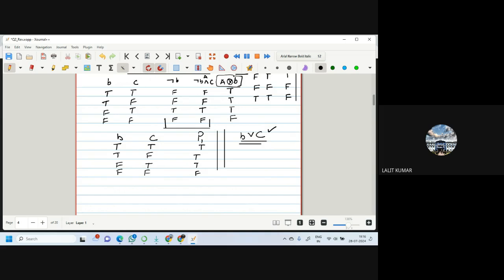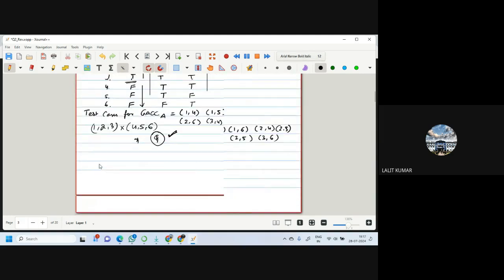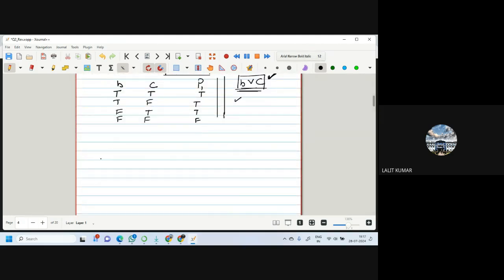However, during the exam, this is for concept building, it is okay. But during the quiz, due to the shortage of time, if you find it difficult to arrive at this, there is a shortcut. You make the truth table for the entire predicate.